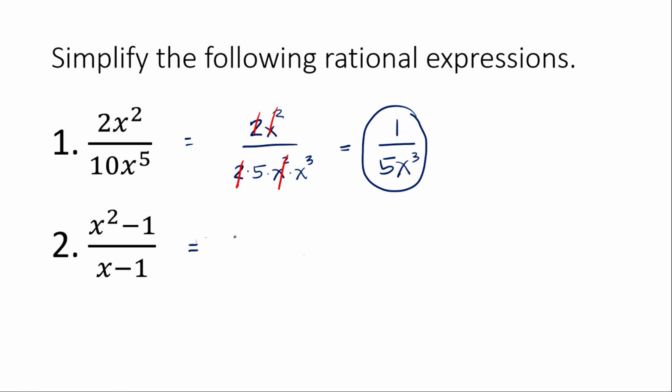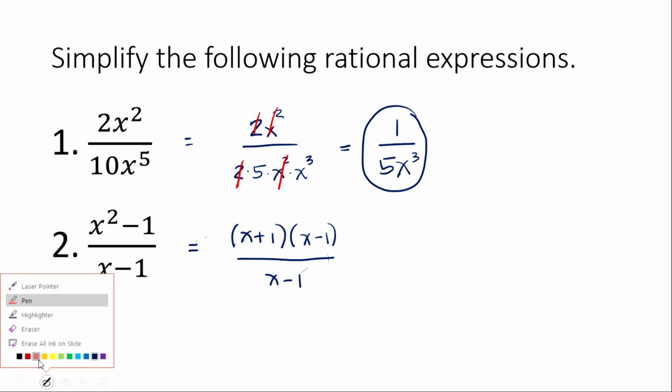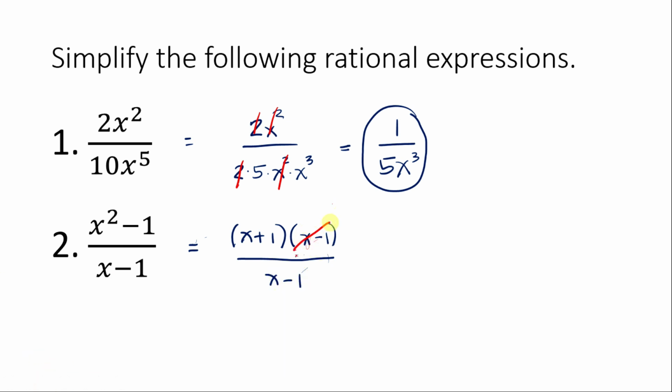Pwede na natin siyang i-write as x plus 1 times x minus 1. And then the denominator is x minus 1. So, simplify natin siya by canceling out x minus 1. Okay. So, the final term will be x plus 1.